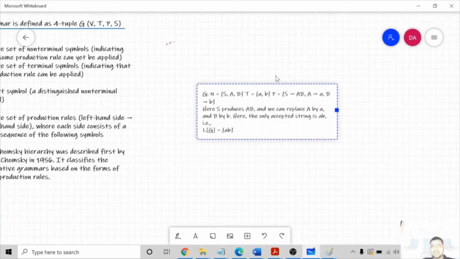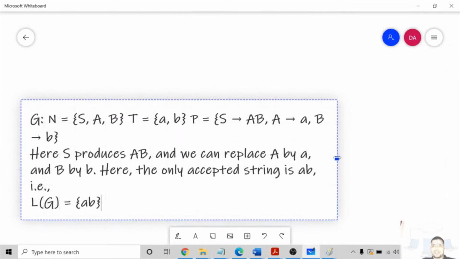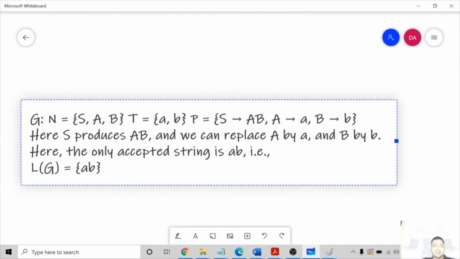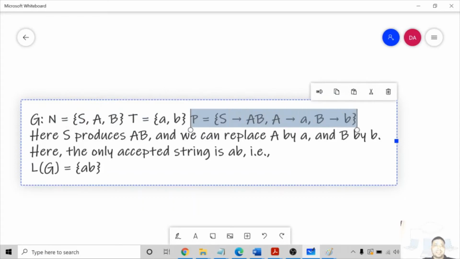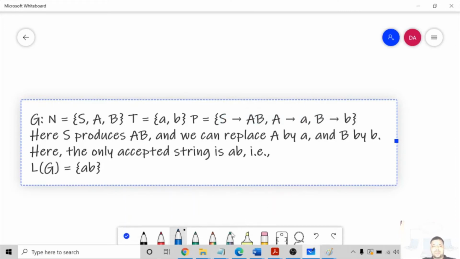So now let us take this example. We have a grammar G and the non-terminals are S, A and B. We have terminals a and b and we have this set of productions and S is my start symbol. So from this set of rules we can generate a language. Now let's see what can we generate using the available set of rules.